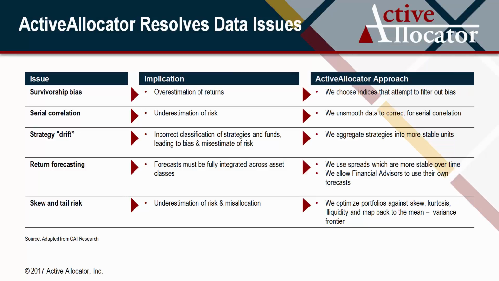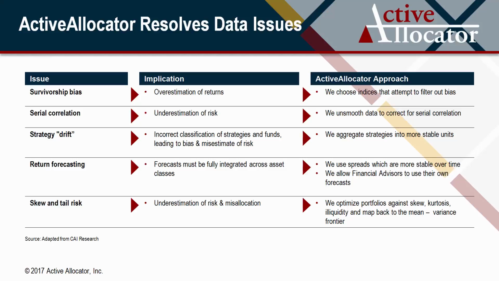To reiterate, we have created a methodology that is complex, rigorous, and thoughtful, one that challenges traditional assumptions. We address special issues, such as those from survivorship bias, serial correlation in returns, strategy drift, and historical returns distribution issues.